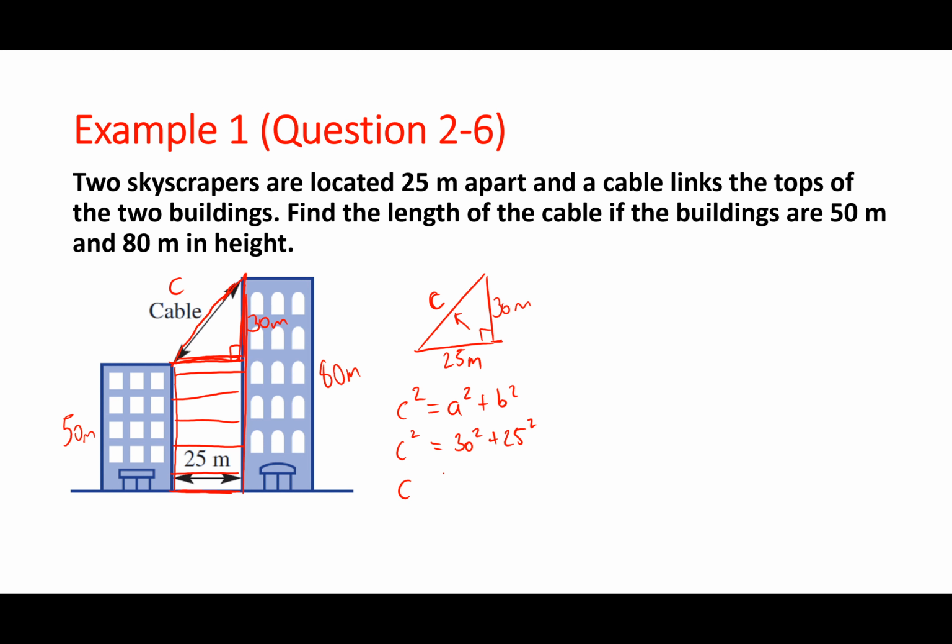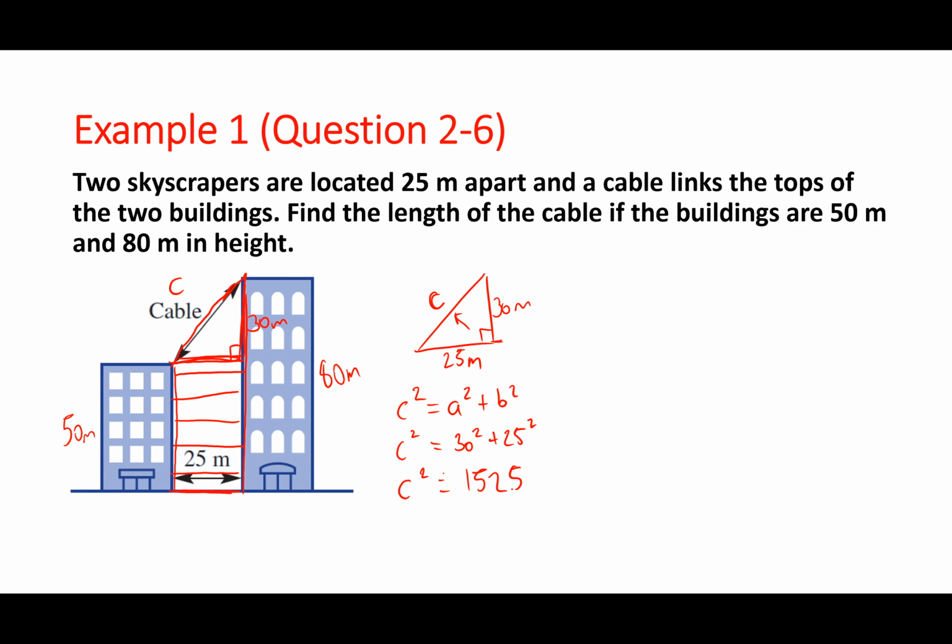Nice and easy. Now we're going to put this into our calculator: 30 times 30, or 30 squared, plus 25 squared, and that is equal to 1525.